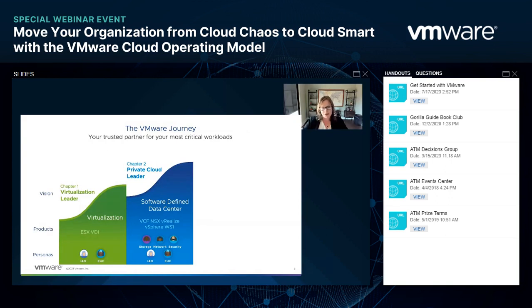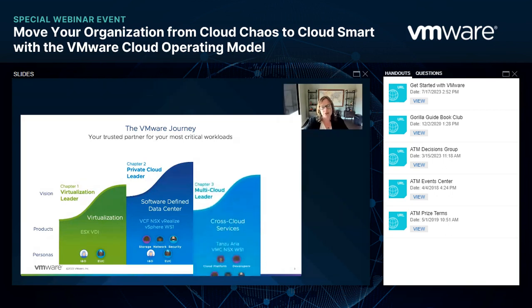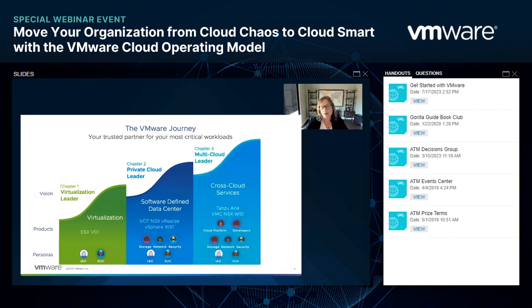But what you may not be aware of is we've now moved into our third wave. And this is where we believe that we are uniquely positioned to be your multi-cloud leader. Now, that might sound odd because you know that we don't have cloud services ourselves that we are selling you. But I think that puts us in a unique position because we want to solve the complexity of multi-cloud for you. We have great partnerships with the hyperscalers.